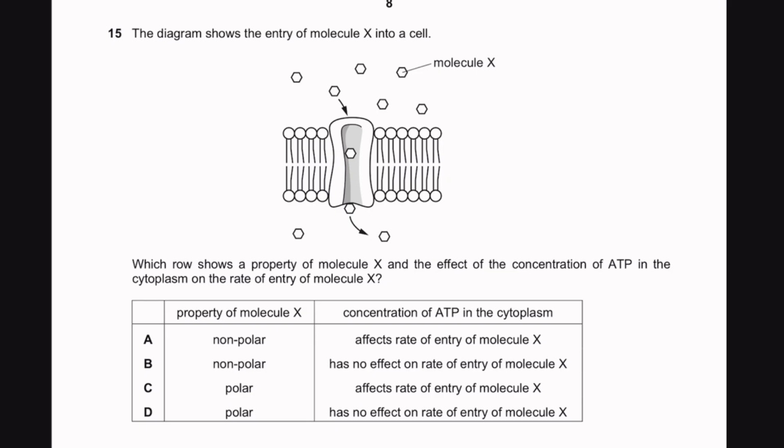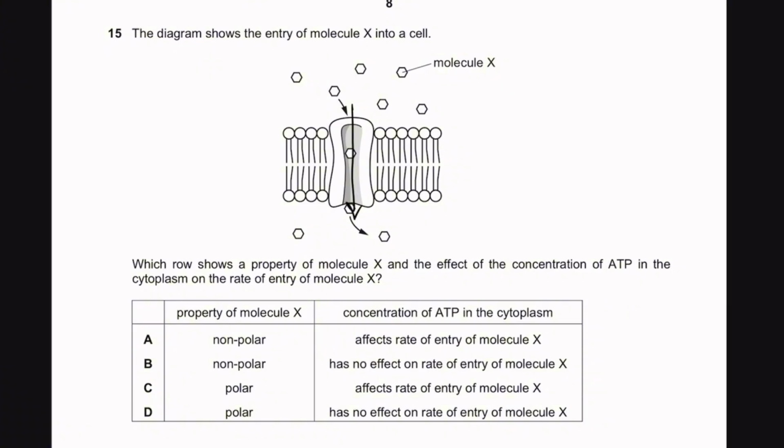The diagram shows the entry of a molecule X into the cell. You can see how it's entering by diffusion from a region of higher concentration to lower concentration, and since it's through a channel protein, this will be facilitated diffusion. Now, which row correctly shows the properties of molecule X and the effect of the concentration of ATP in the cytoplasm on the rate of entry of molecule X?